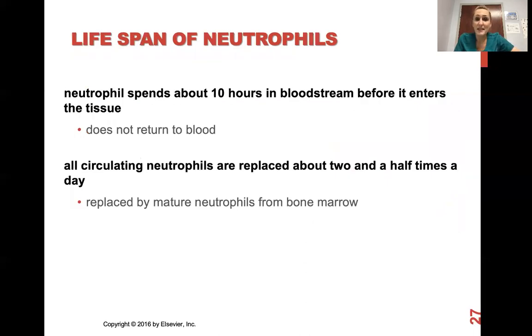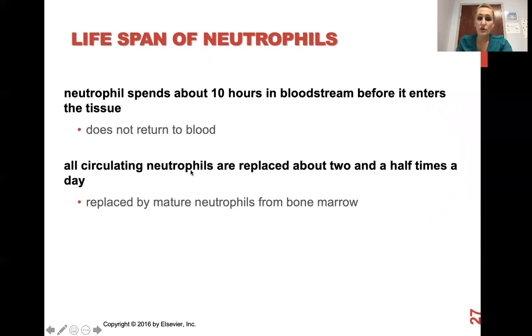Neutrophils only spend about 10 hours in the bloodstream before they enter the tissue. And the thing about them is that they don't return to the blood. So once they're made, they travel all around and then they get into certain tissues. Because they go into the tissues and don't return to the bloodstream, they are essentially used up.